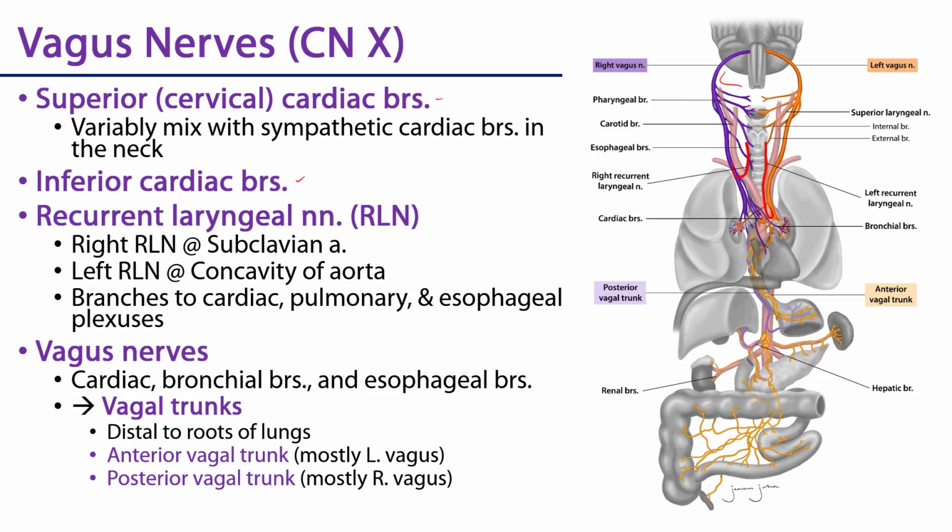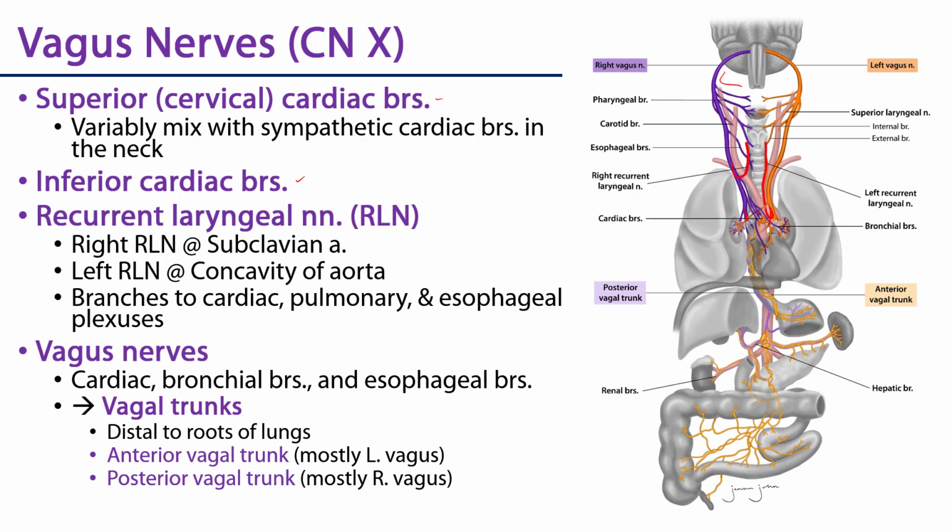And both of these recurrent laryngeal nerves are going to send branches to the cardiac and pulmonary plexuses, as well as the esophageal plexus. And then the vagus nerves are going to continue their descent distally along the esophagus.